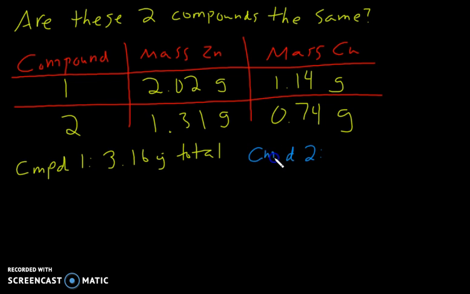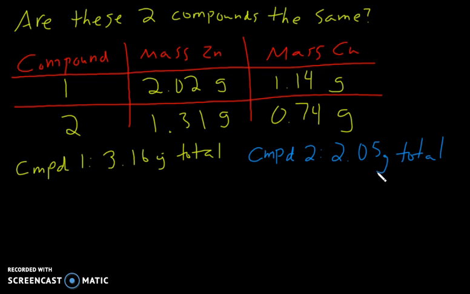With compound 2, when you add together those two masses, the 1.31 and the 0.74, you should get a total mass of 2.05. And that is in grams.